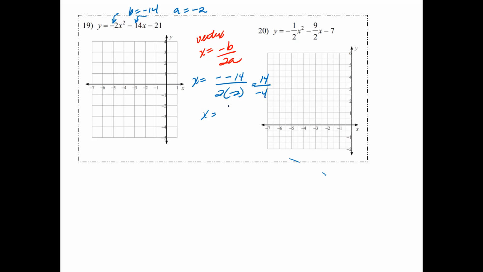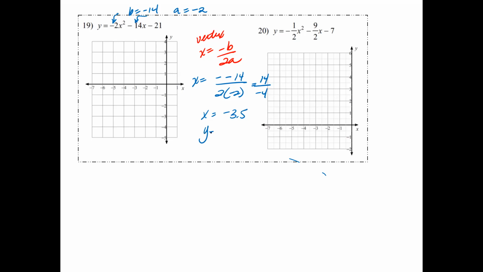And that's going to give you a 14 divided by negative 4, which is going to be, grab your calculators. 3.5. So x equals a negative 3.5, okay?